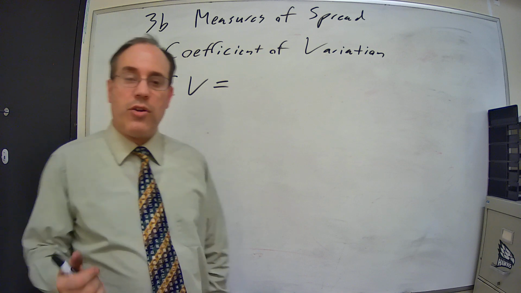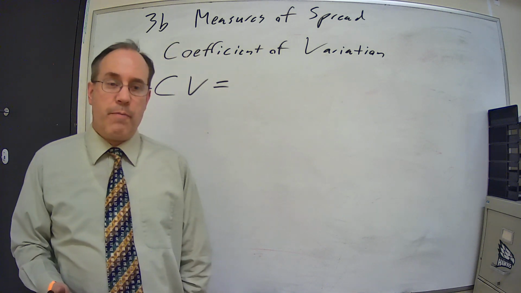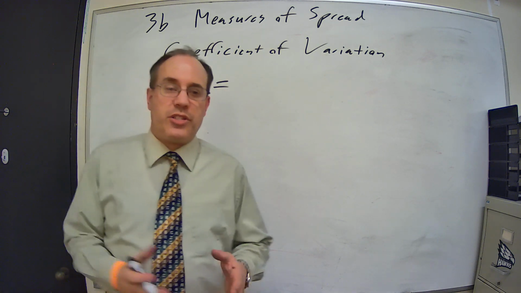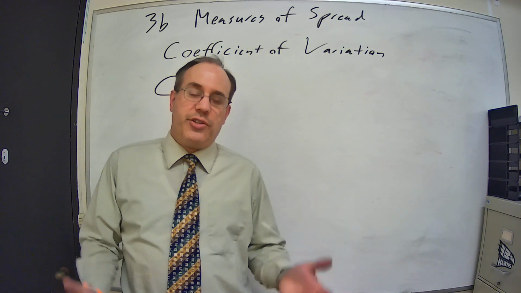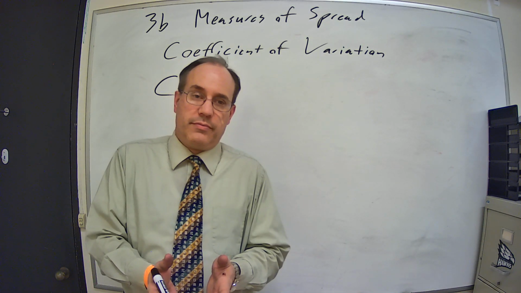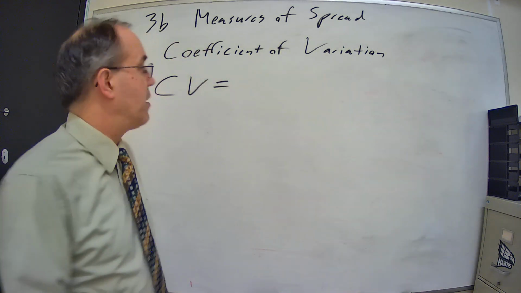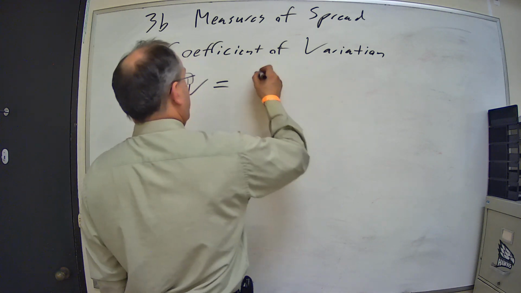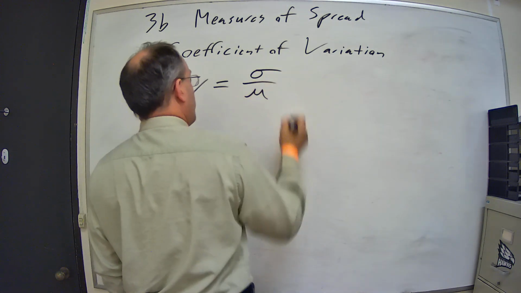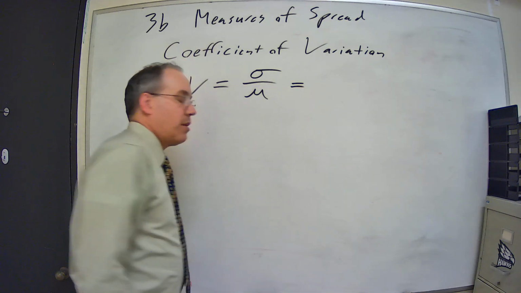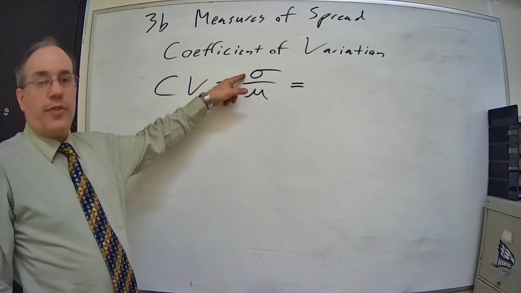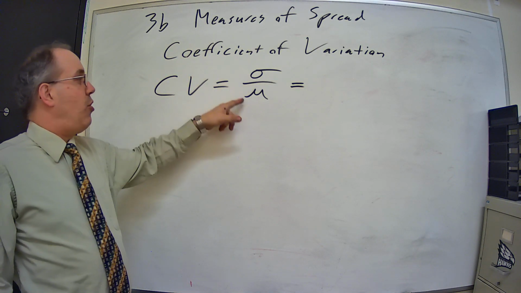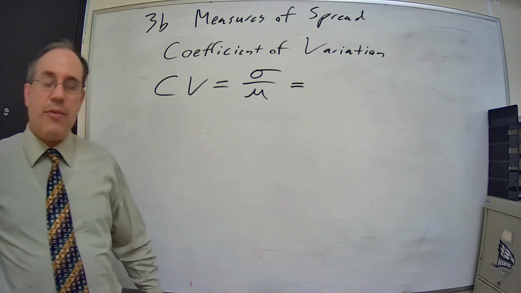And basically what the coefficient of variation does is it compares the spread to the center. So it's sigma over mu, the standard deviation over the mean. And we can think of it this way.